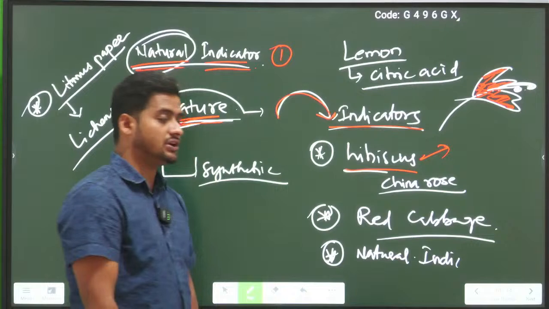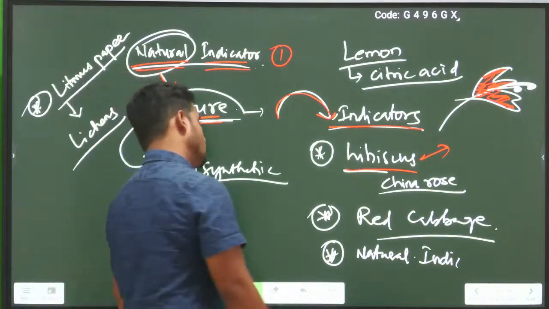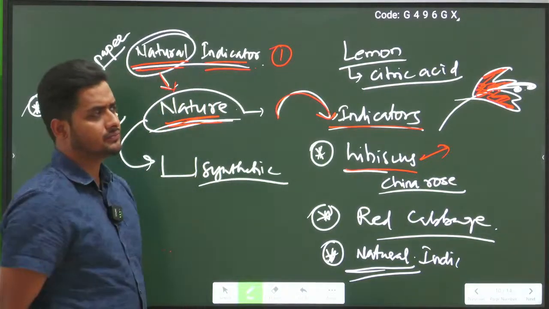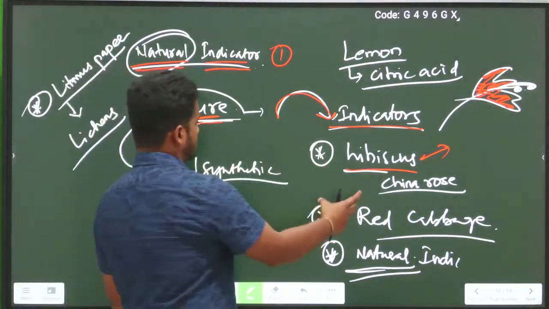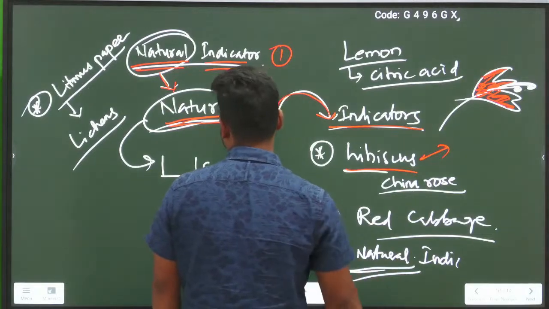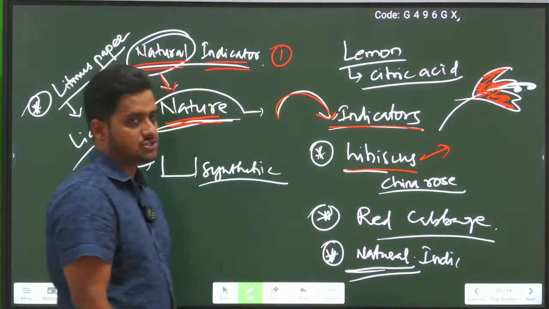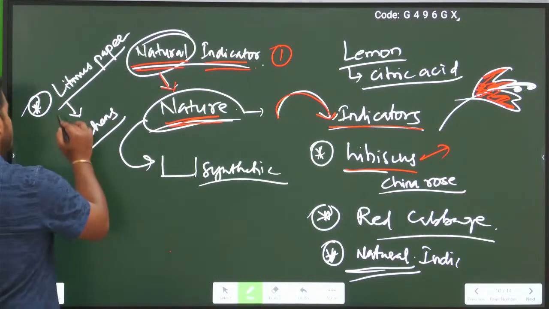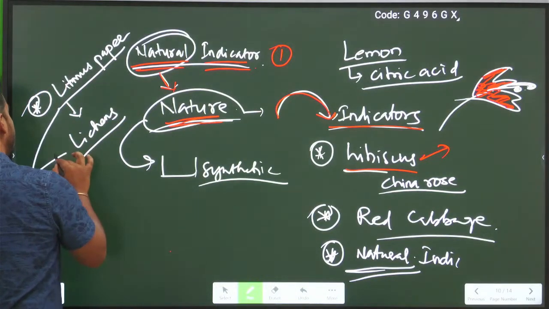This is another indicator which we get from nature, a gift provided by nature. What are they? Hibiscus, red cabbage, and next is litmus paper. What does litmus paper mean? Litmus paper we are getting from lichens.